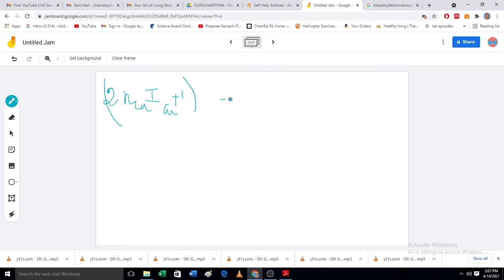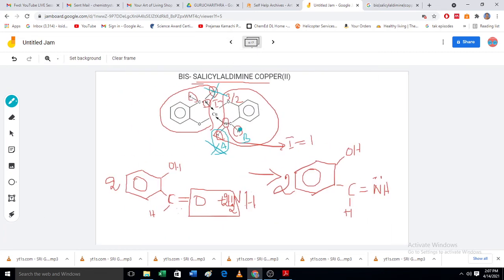So it is 2 into 3/2 plus 1. So you will get 4 lines. So copper will be splitting the ESR into 4 lines. Further, the lines will be split by the nitrogen and proton B.